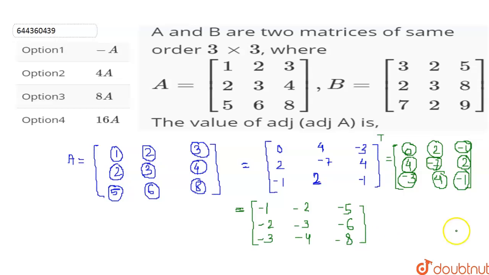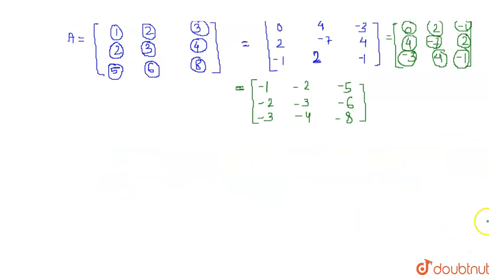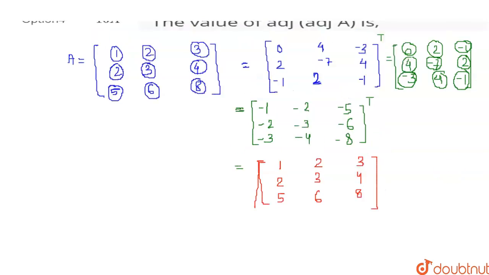Now in this matrix we can take this negative sign common, right? First of all we have to find the transpose of this matrix so as to calculate the value of adjoint for the given matrix. So this matrix becomes 1 2 5, 2 3 6, and 3 4 8. So this is our matrix.